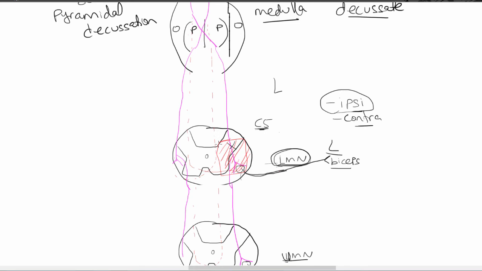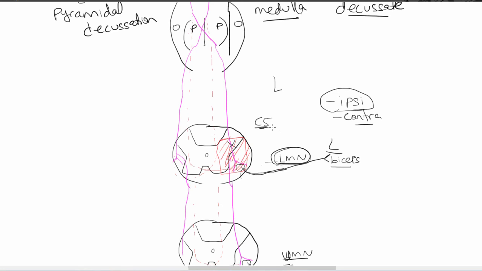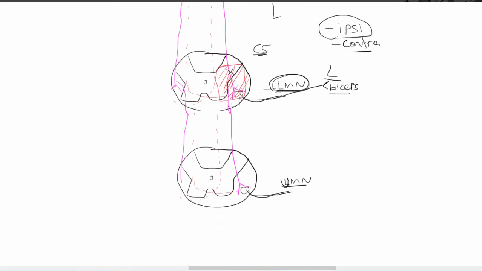This is because this red thing is a hemisection, and it's obviously affected our lower motor neuron, which is coming in as well. If that lower motor neuron is destroyed, then it's going to be a lower motor neuron sign.